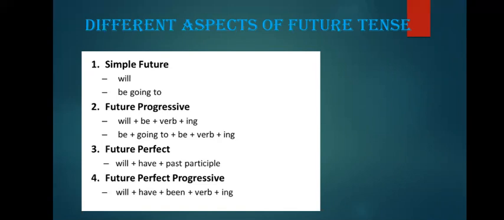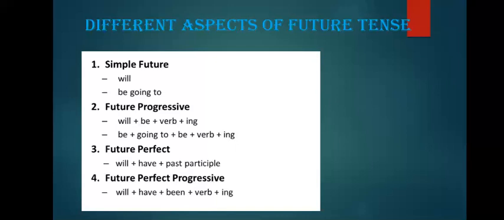Now, future perfect. Actually, you just have to recall what you did in present tense, because present and future have the same helping verbs. Clear? Now in present perfect, the helping verb was has and have. Again, in future perfect, the helping verb is have. So it will be subject plus will, which is the helping verb, plus have, plus past participle, the third form of verb.